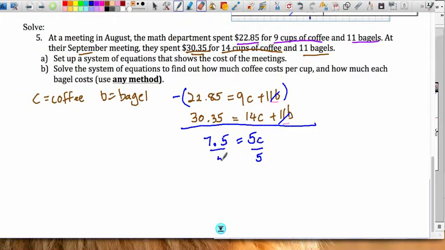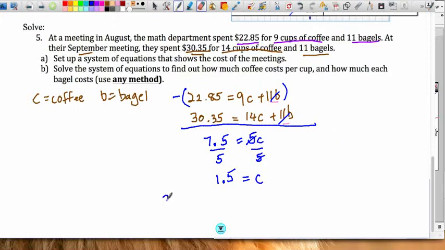If I divide through by 5 for each of those, those will cancel out. And so what are we going to get? 1.5. So it's $1.50 for a cup of coffee. We now must substitute that back in order to find the cost of our bagel.